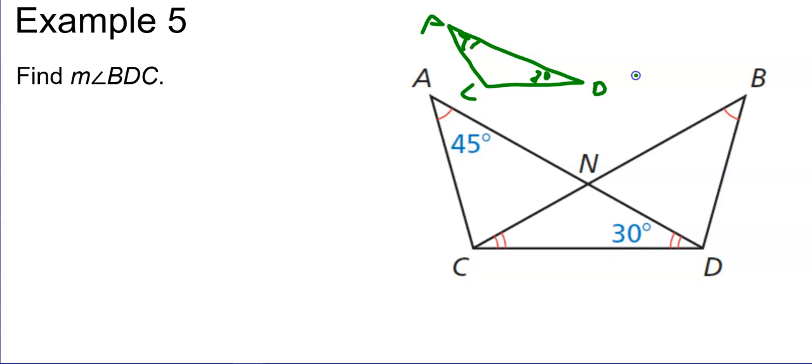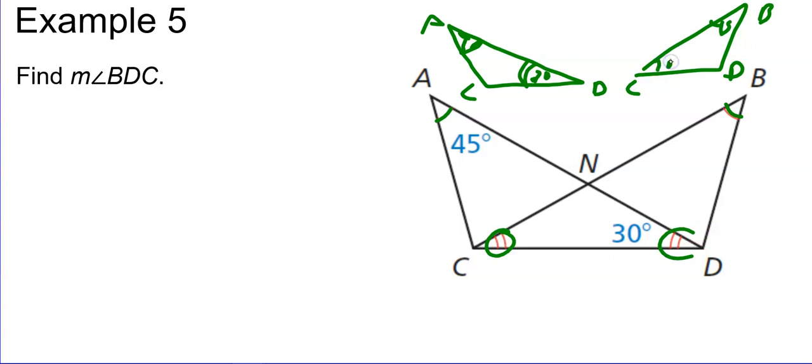Then I have this triangle here, which is BDC. I know this is 45, and we know that these two are equal, so this is 45 up here. And these two angles are marked congruent. So that makes this 30 here.